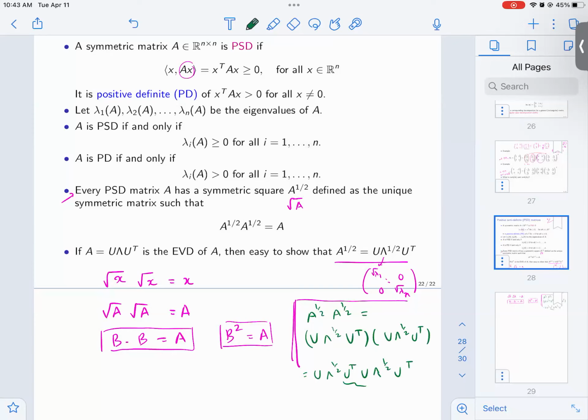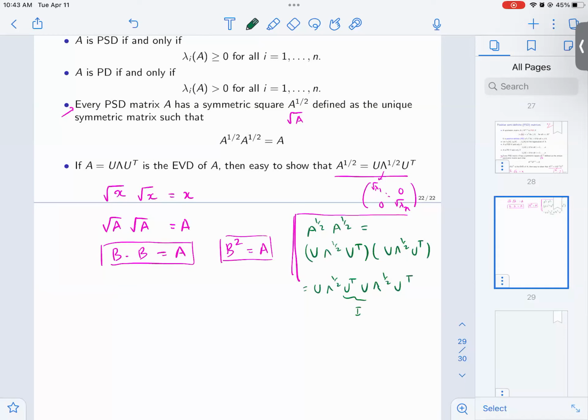Anyone remember what these two are? Yes. U transpose is U inverse, so this is going to be the identity. The identity I can just ignore in matrix multiplication, so I get U Lambda^(1/2) times Lambda^(1/2) U transpose. So Lambda^(1/2) times Lambda^(1/2) would be Lambda.